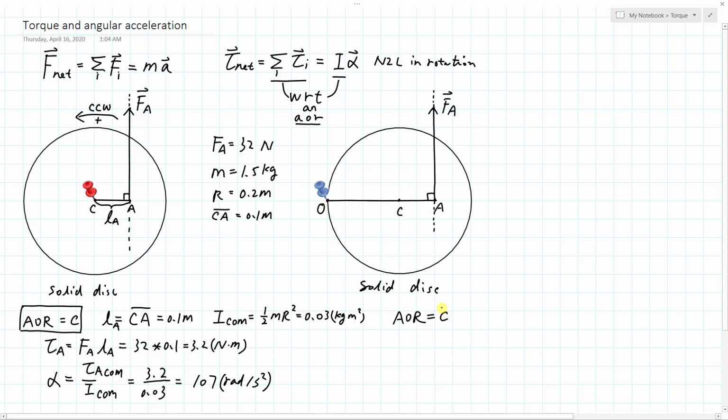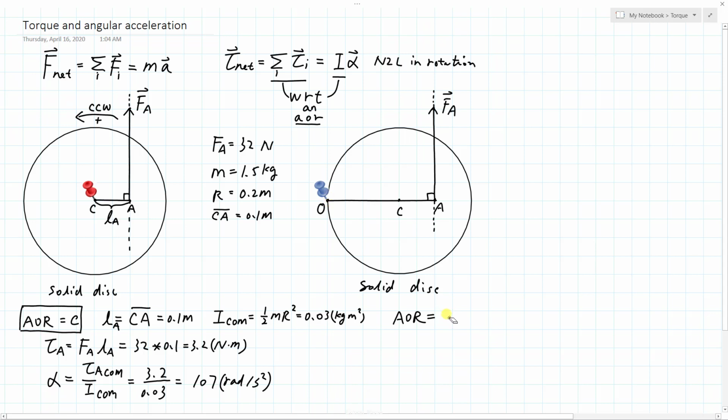So this is not really a good choice because it allows this unknown force at the hinge, the pin, whatever axle the object actually rotates around, to have a torque. And this is an unknown force. We may know the direction, but in other cases we might not even know the direction, let alone the magnitude.